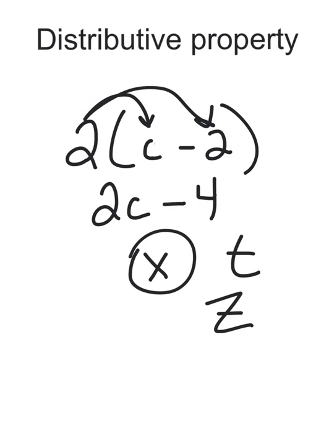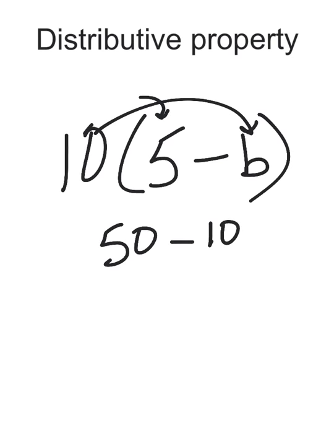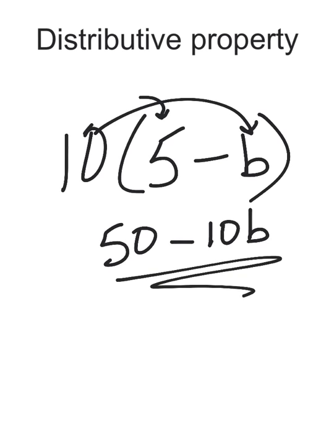Those are variables. For this one, the variable's just on the back side. Can that be okay? Yes, that's okay. So 10 times 5 and then minus 10 times b. So this would be 50 minus 10b. They usually will write the variables first, and then the numbers afterwards.